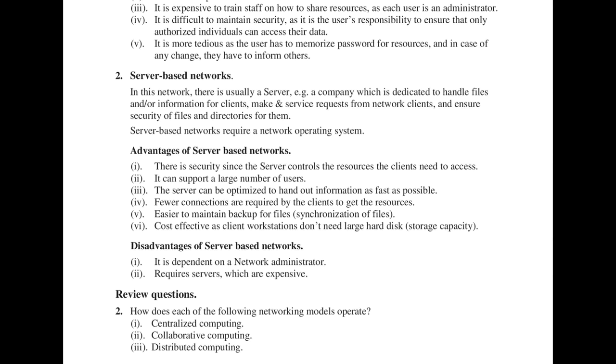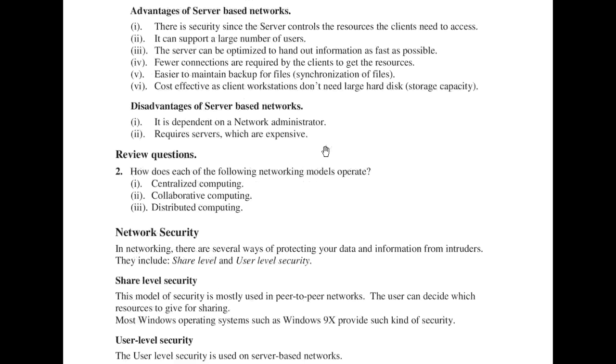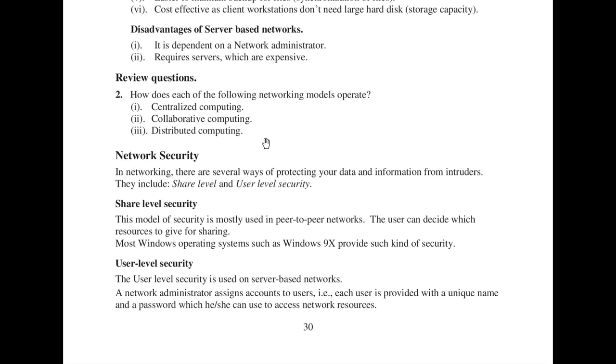So in server model, we have one machine that is dedicated to storing files, and any other machine connected to that network accesses the server. That means they don't have data stored. Data is only stored in the server. So when you open your client machine, you access the server. That means when the server is closed, you cannot access. That's what we mean by server. That is the server model.